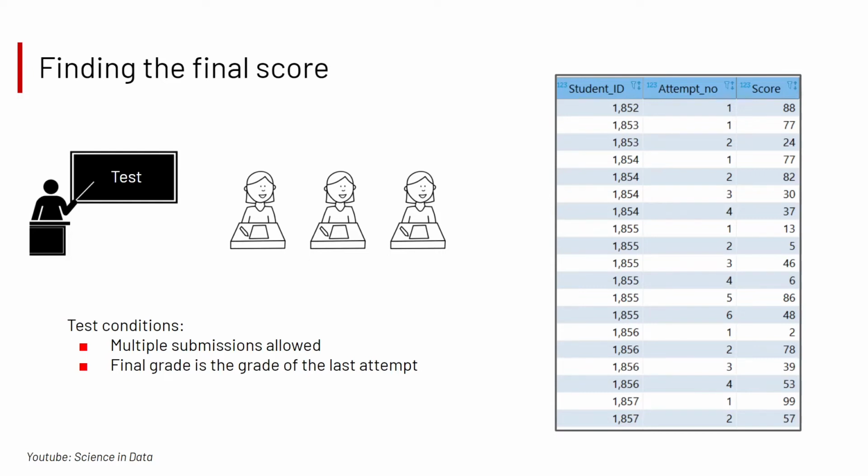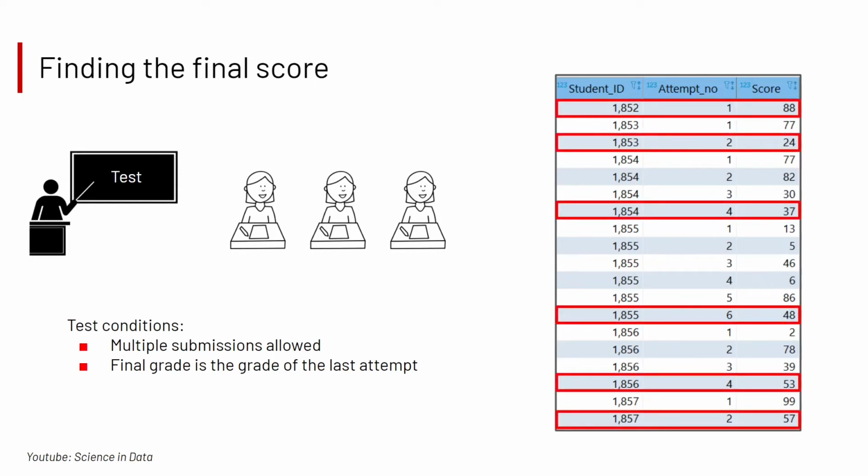For example, if you look at the first student, student 1852, he only made 1 attempt to solve this problem, and he got 88. Next, student 1853 made 2 attempts, and his final score would be 24, unfortunately.